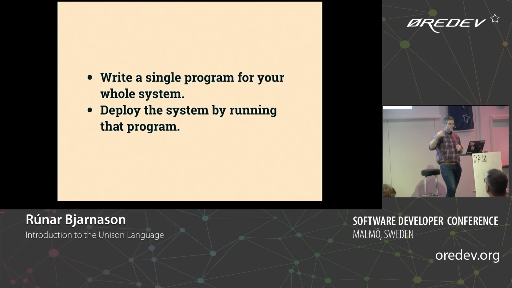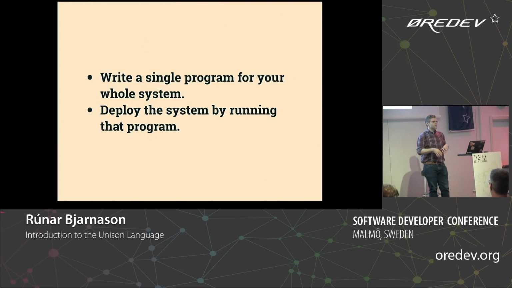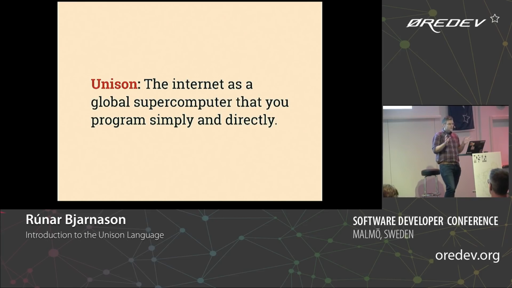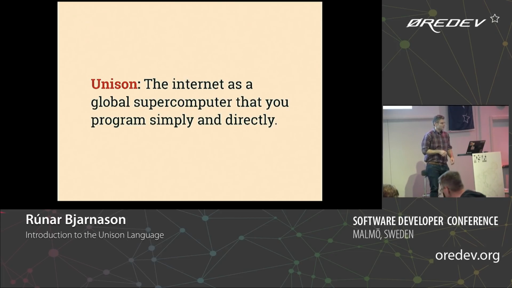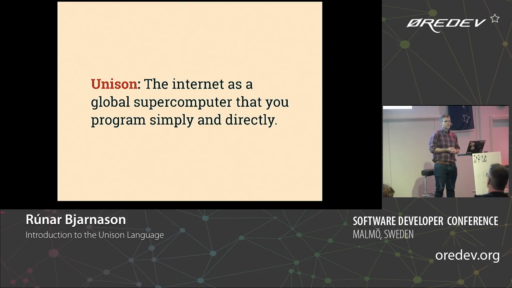You hire a build czar, and then you fire the build czar. But no, write one program for your whole system, and then you deploy the system by running that program. You can think of the marketing here: Unison is the internet as a global supercomputer that you can program simply and directly.